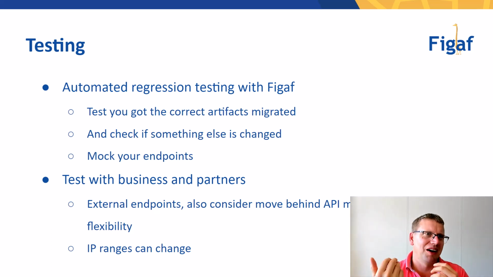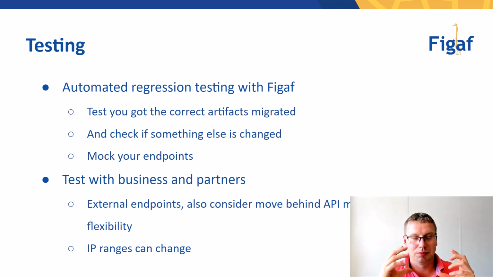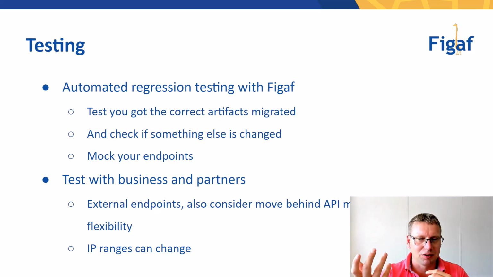But a large part of such a migration is also to test with partners and the business: did we remember to update all the places in the ERP system to point to the new Neo credentials, and testing with the partners, making sure that firewalls, etc., are open and enable us to communicate via this approach. So both things you should be doing. At least the FigAF part is about checking that we have moved all the artifacts that are needed as part of this.